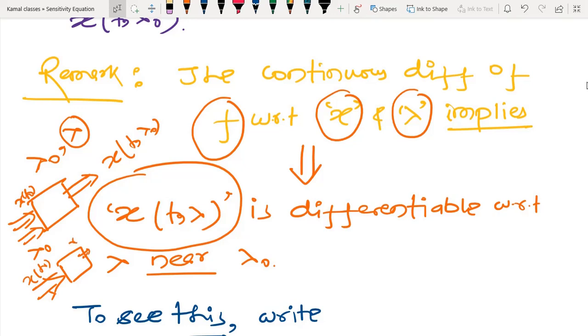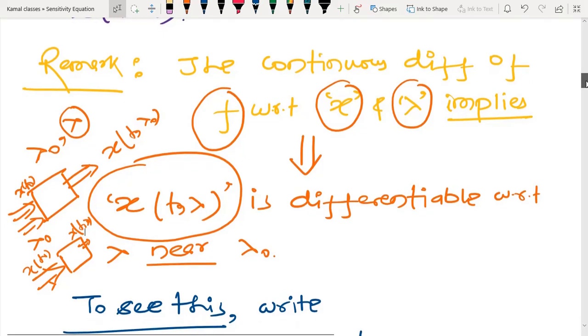At that time I define that solution as x(t, lambda), and if f is differentiable with respect to x and lambda, it is possible to show that the solution is also differentiable with respect to lambda, near lambda 0. So if lambda is very close to lambda 0, then I can give this kind of guarantee that whatever solution is generated is differentiable with respect to lambda.